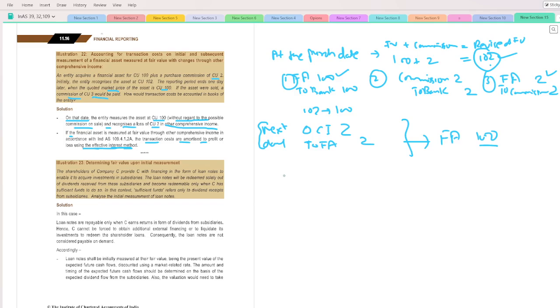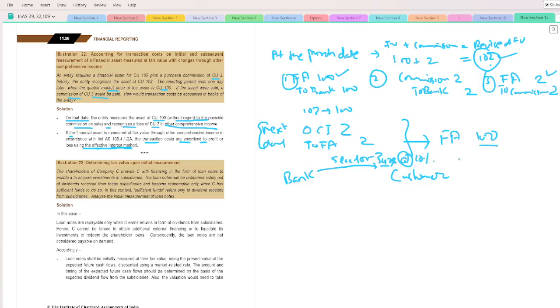Like suppose the bank has given a loan to a customer, say 5 lakh rupees for say 3 years, at say 10%, okay, and here the bullet repayment is there.